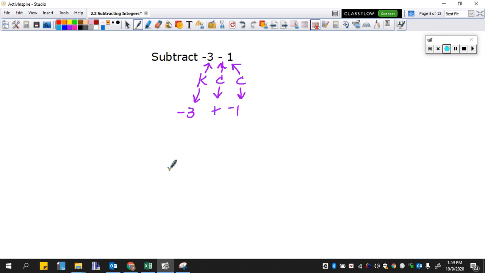So if we look at this, negative 3, negative 1, we have the same signs. They're both negative. So that means we're going to add the two numbers and give it the same sign. So very easily, 3 plus 1 is 4, and they're both negative. So it's a negative 4.